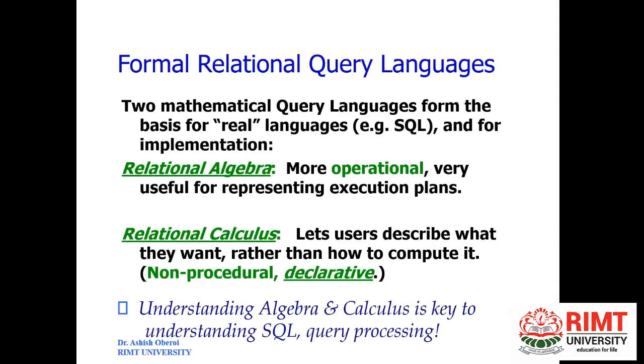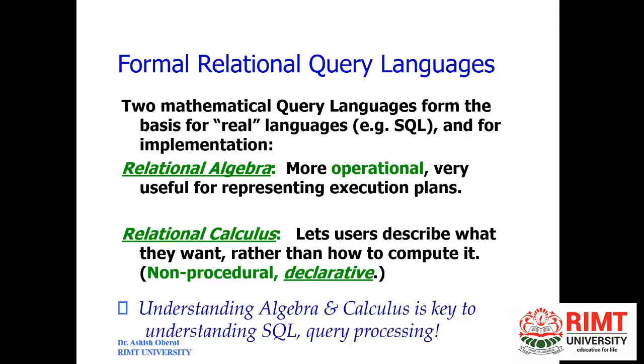So there were two things. One was the relational algebra, which is more operational and very useful for representing execution plans. Then comes relational calculus, which lets the user describe what they want rather than how to compute it, or it is non-procedural. Clear? So in relational calculus, we deal with two types of things.